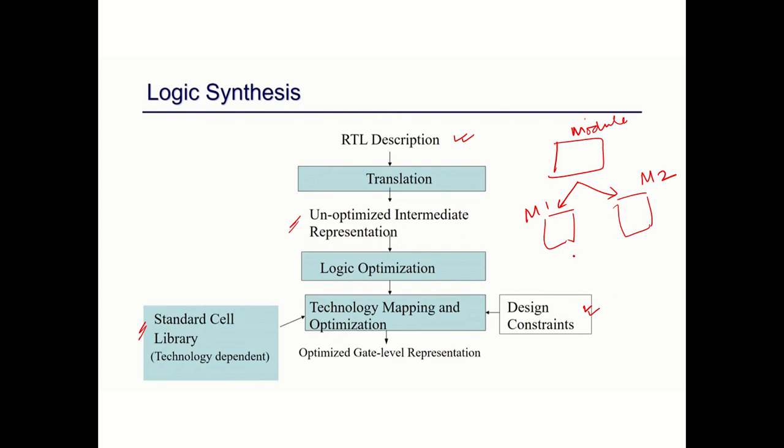We need to represent it both ways and check all the constraints. So, constraint 1 and constraint 2 here, and also constraint 1 and constraint 2 here. Now we need to check both. We need to find out the cost based on constraint 1 and constraint 2 for both.